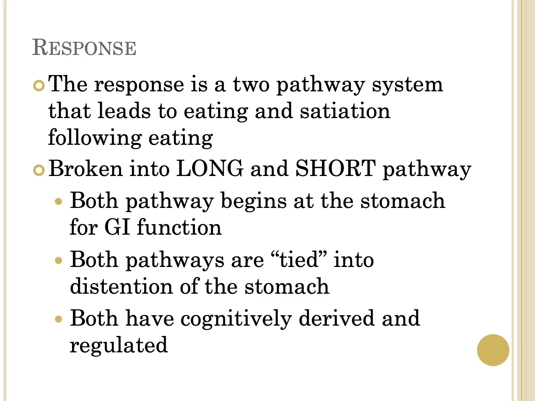Because my relative energetic demand is low, I tend to not need as much fuel. And since I do not need as much fuel, I'm able to inhibit the long loop and excite the short loop. However, when I have very low motility and a large amount of energy expenditure going on, I start to have a change of metabolite and hormonal signaling that is going to excite the long loop and inhibit the short loop.